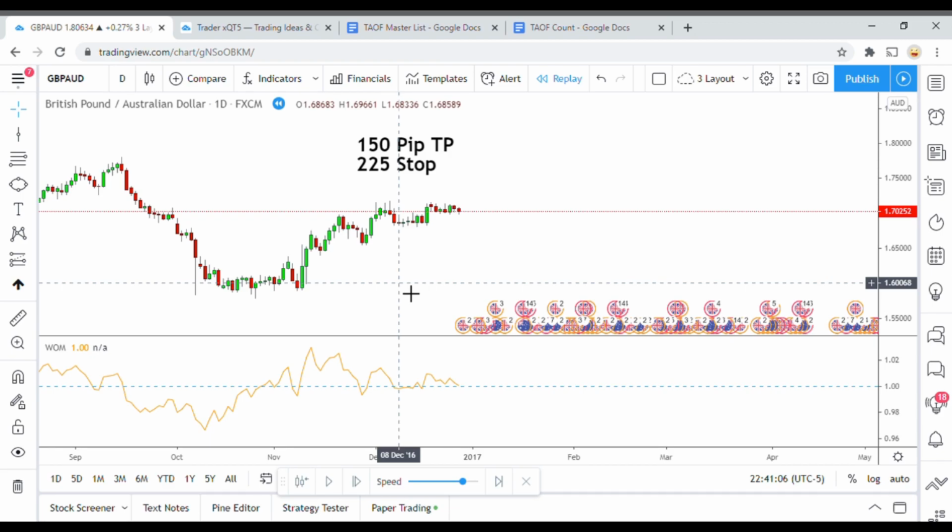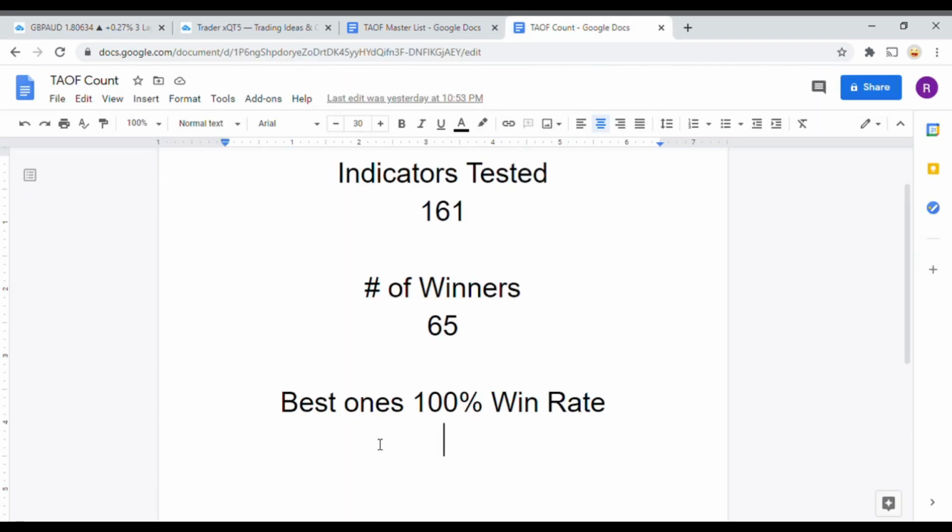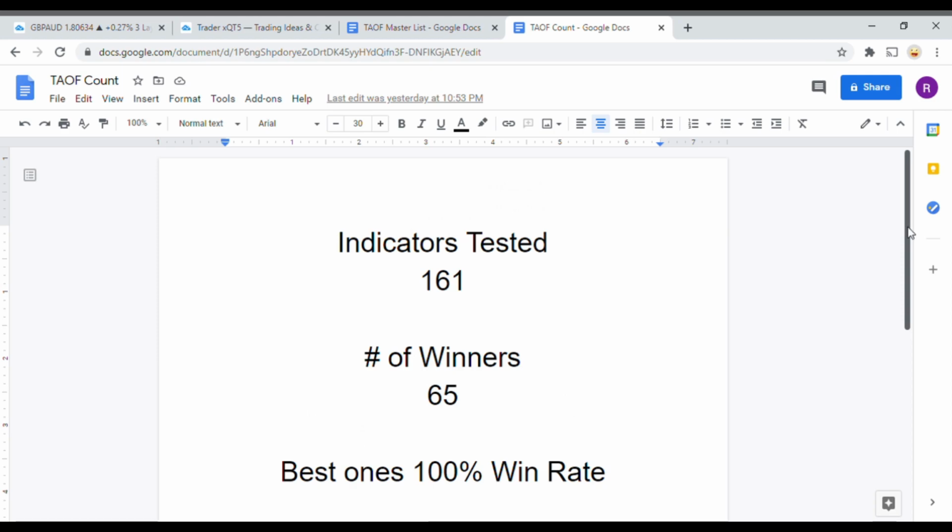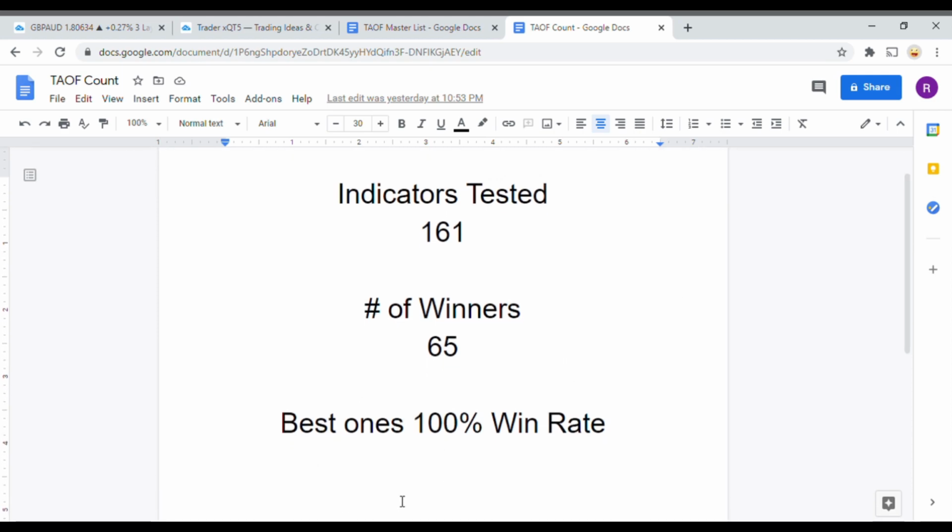All right, as I said, today we will be testing the weight of middle indicator. But before we do, I wanted to put the indicator scoreboard up for everyone to see. So to date, we have tested 161 indicators, and out of those 161 indicators, 65 of them have been winners, which means that they have met or exceeded the 60% win-loss ratio threshold that we have set for them.